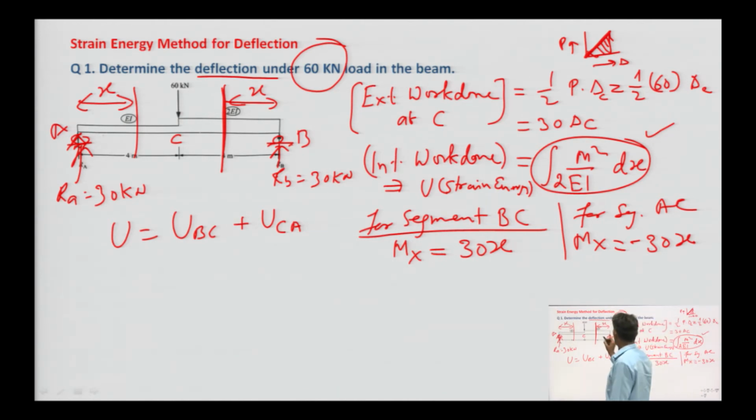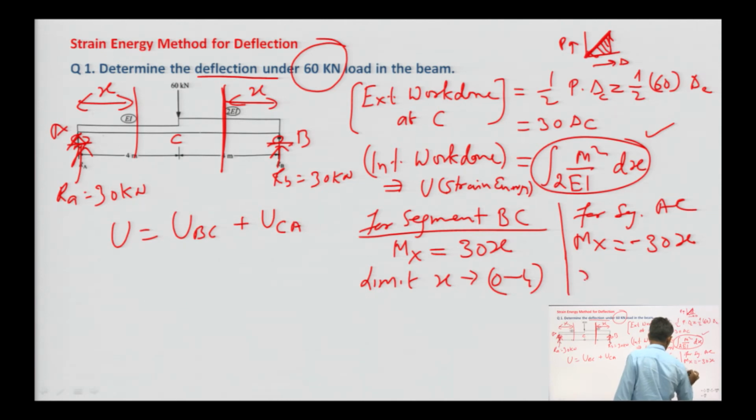Let us check: one is rotating anti-clockwise, this is clockwise. What is the limit of x for this segment? x will be 0 to 4, and in this case x also ranges from 0 to 4.